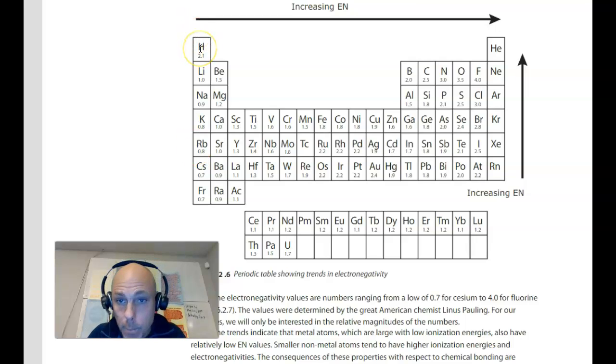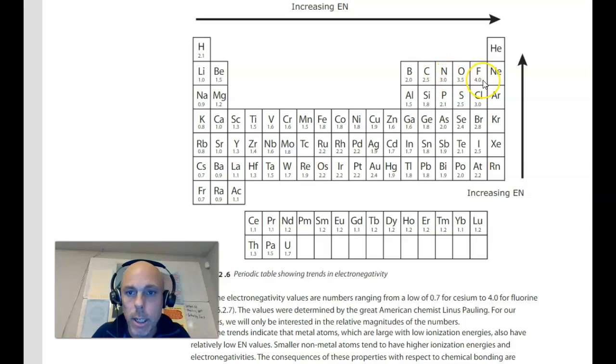So as we look at the pattern here, we can see it being substantiated by what we already know to be true. Hydrogen has an electronegativity of 2.1. As you go down the group, the electronegativity values fall as the force of attraction between the nucleus and the valence electrons weakens due to increased numbers of energy levels. And as we go across a period or across a row, we see that trend as well showing up in these numbers.